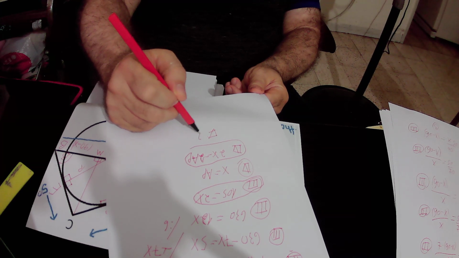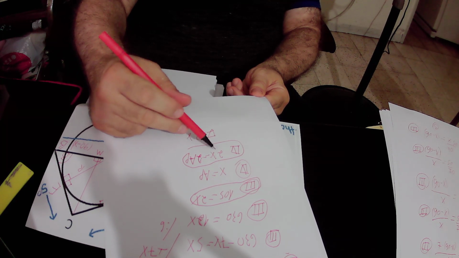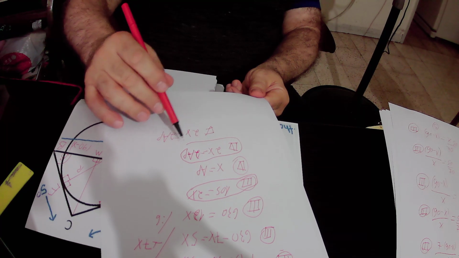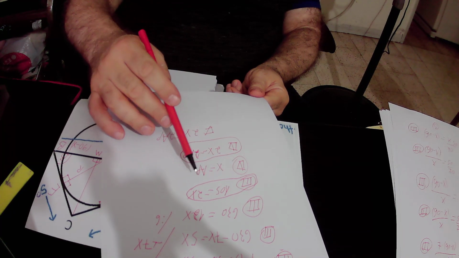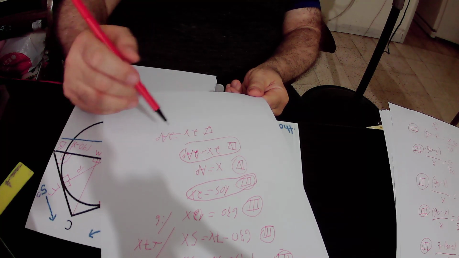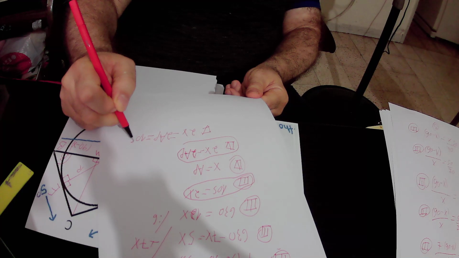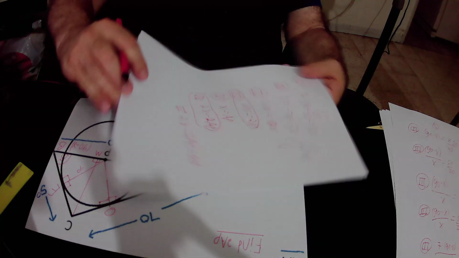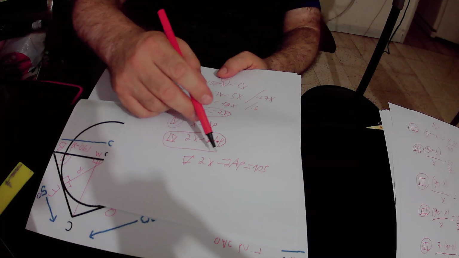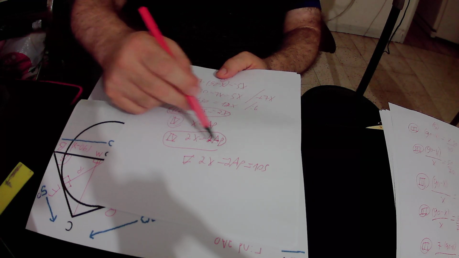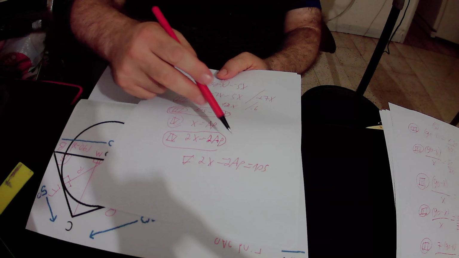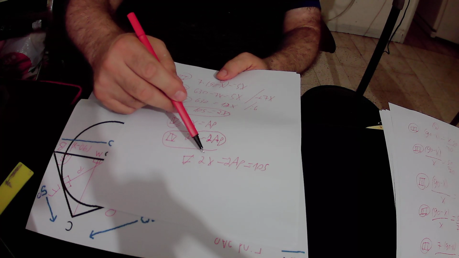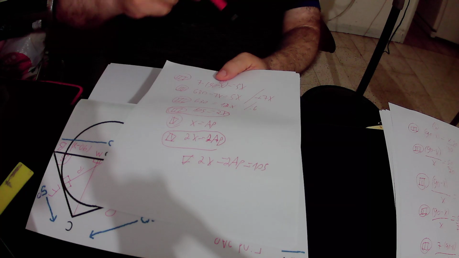It states that 2 times x equals 2 times AP according to the fourth equation, and according to the third equation 2 times x equals also 105. So we got that 2 times x equals 2 times AP from the fourth equation, and from the third equation we know also that 2 times x equals 105, so we can add here that 2 times x also equals 105.